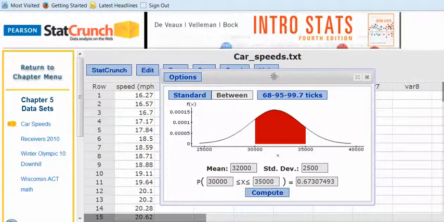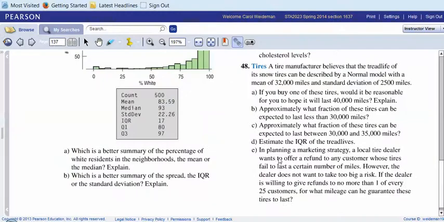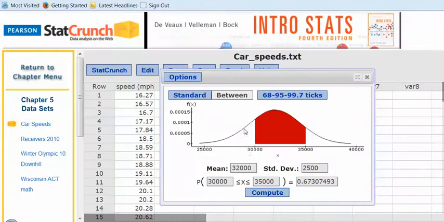And the next question they ask you is an interesting question. They want you to estimate the IQR of the tread lives for the tires. All right, so now what we want to do is find the area between here. We actually want this area to be 50%. So I'm going to go ahead and put that in there, and it's not going to help me there.